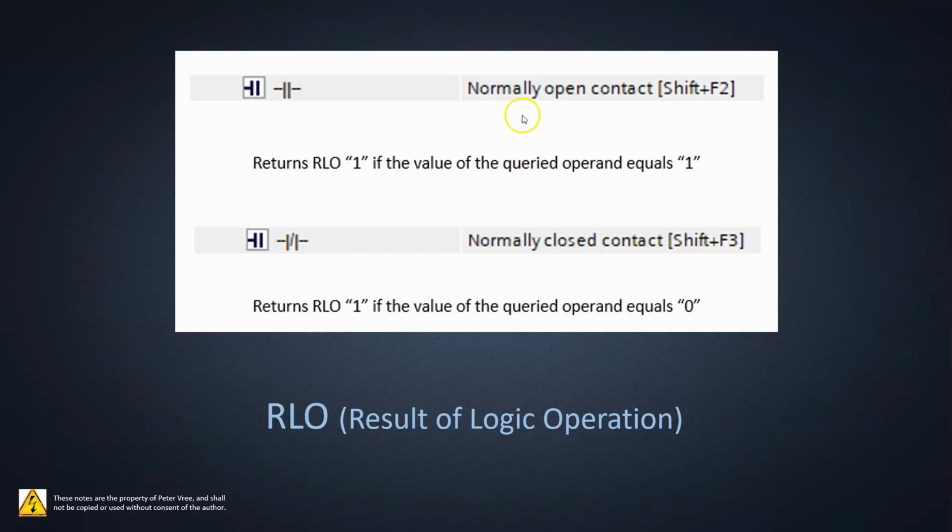So this one right here, the normally open contact, which we made use of in both the AND circuit and the OR circuit, it says that it returns an RLO, a result of logic operation, of 1 if the value of the queried operand equals 1. So I tried to simplify that down to: the normally open contact looks for a 1 in the memory.